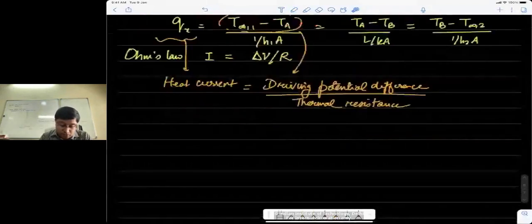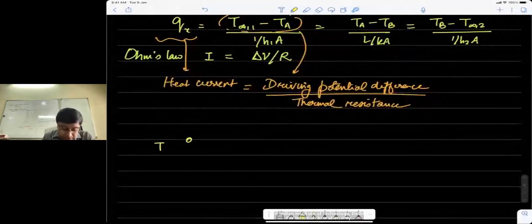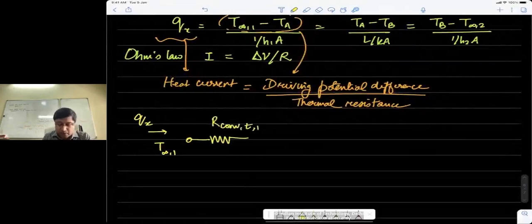So you can now think of the problem in this way. I'll draw a circuit now. On one side of the circuit, we have the driving potential, which is T infinity 1, through which a current of Qx is passing. It goes through a convective resistance, which I'll call R convection T comma 1 because it is on one fluid. Then it comes to a potential of Ta.